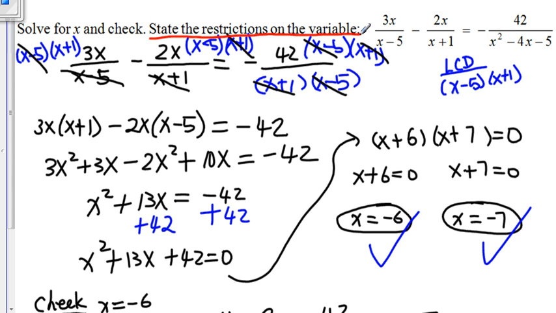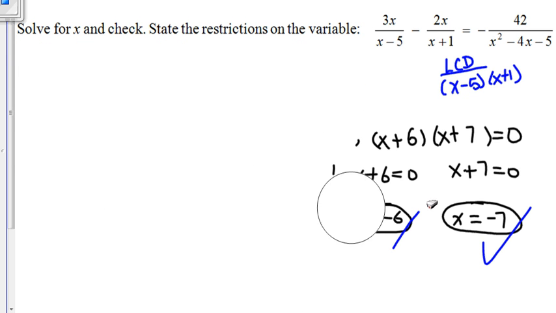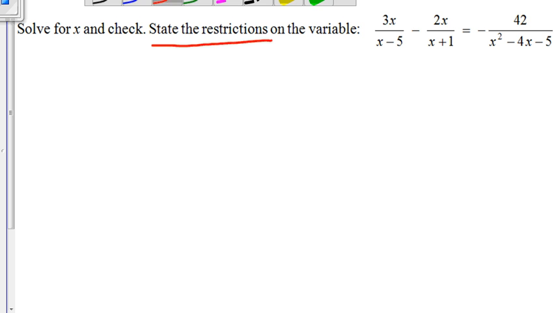Since this is a rational equation, in other words a fraction, the denominator cannot equal 0. So let me erase this portion, I need a little more space over here. State the restrictions. Since this is a fraction, the denominator cannot equal 0.